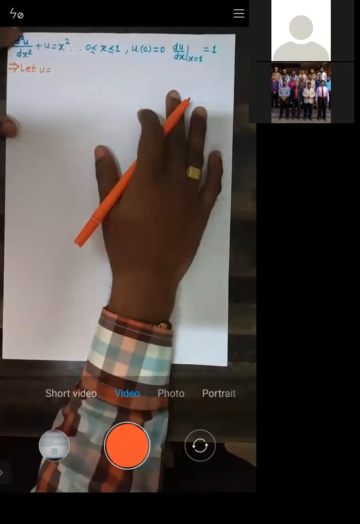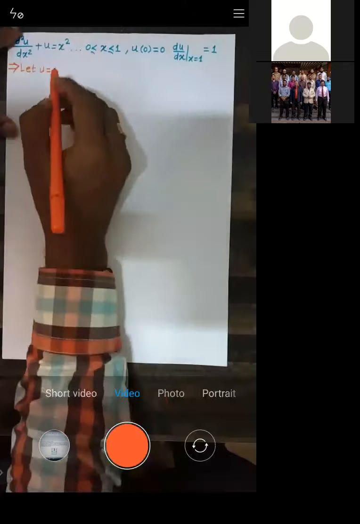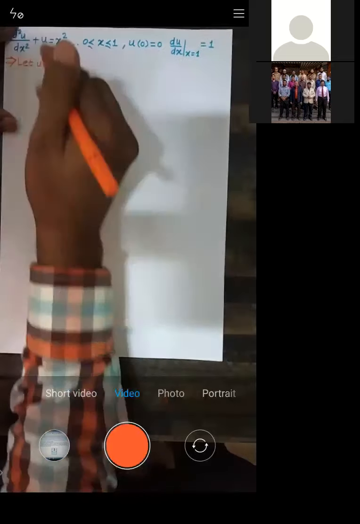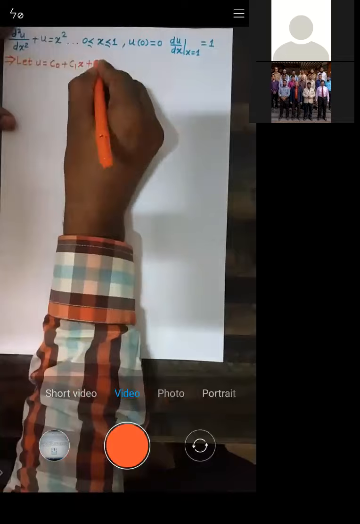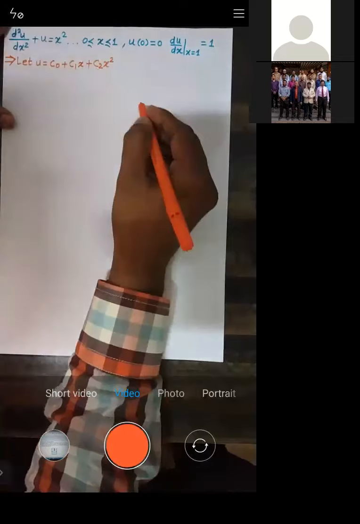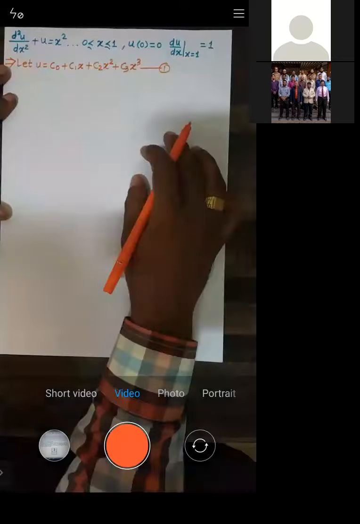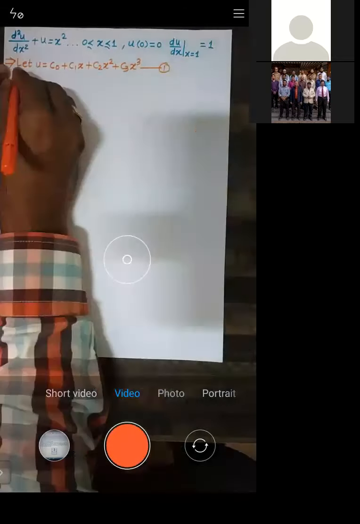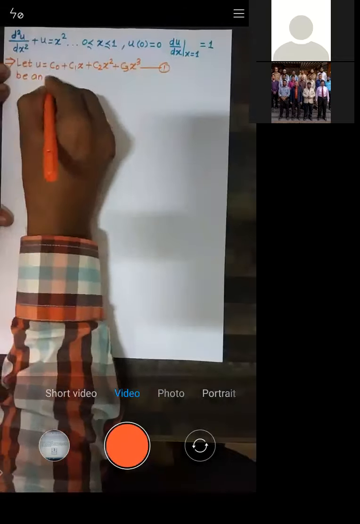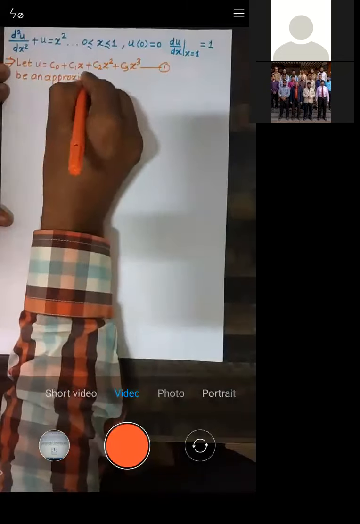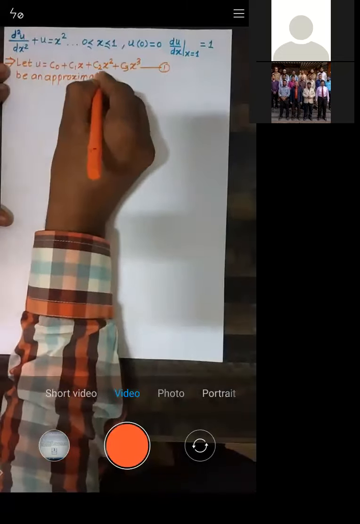So let u is equal to c0 plus c1x plus c2x square plus c3x cube. Let me call this equation number 1. Let this be an approximate solution.